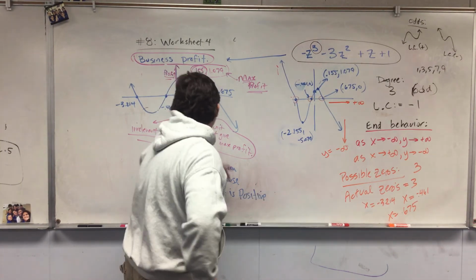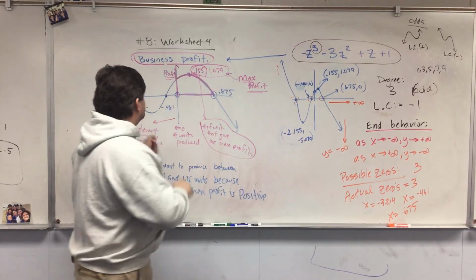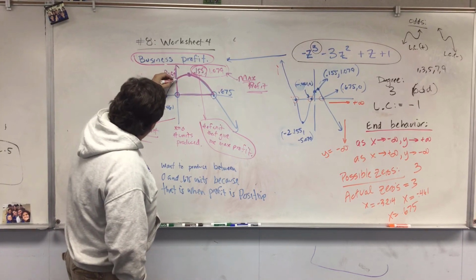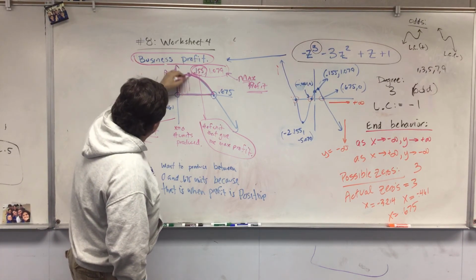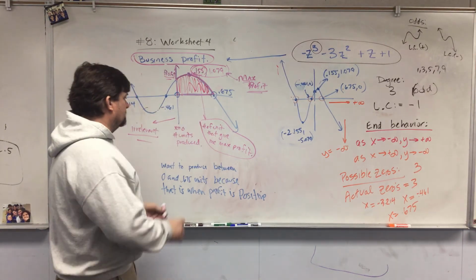Remember, profit is the y-axis. So we want everything above the y-axis that's on the right of 0. So we want it in between these two right here. So we want it between 0 and 0.675.